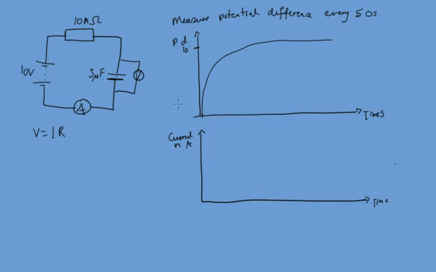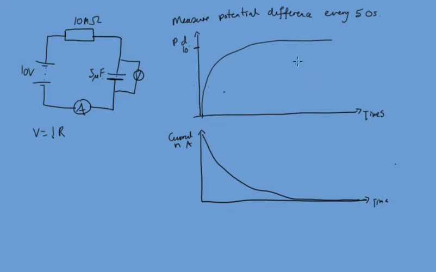Oops. Switch to a nice smooth curve, and it'll trail off once the capacitor is fully charged. So we've got the opposite. The current graph is the opposite to the potential difference graph.